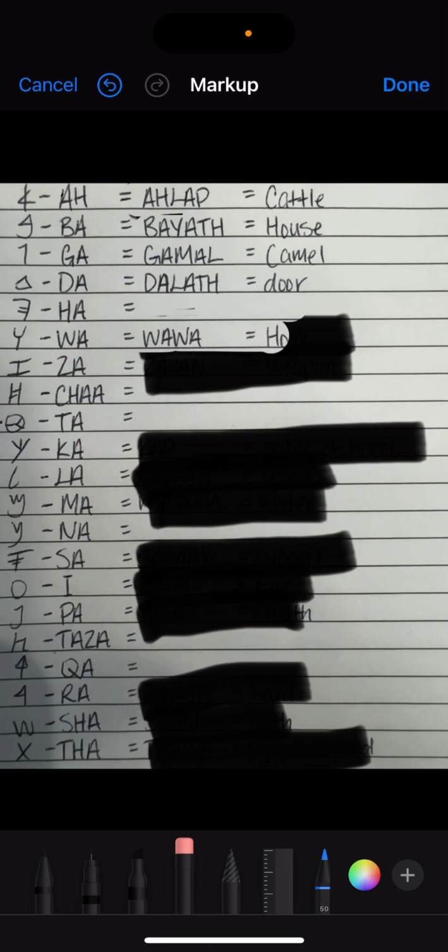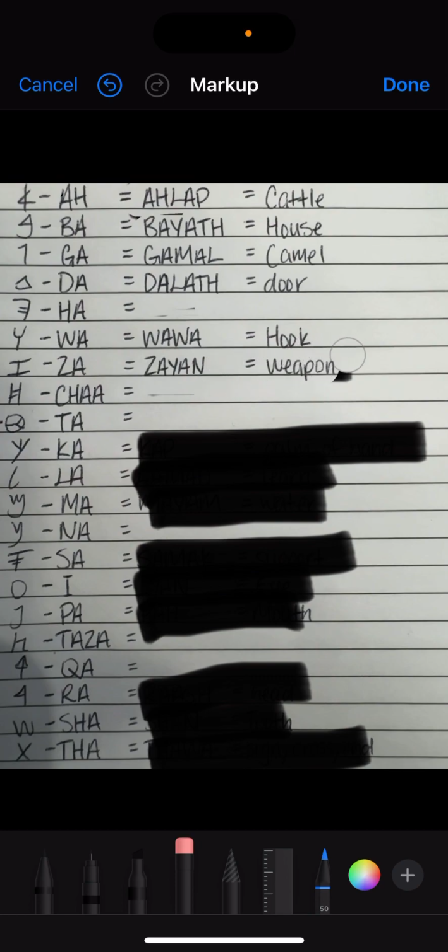You've got to remember that it means hook. The next one we have for this character right here is za, and that derives from zayan, and the word zayan means weapon.